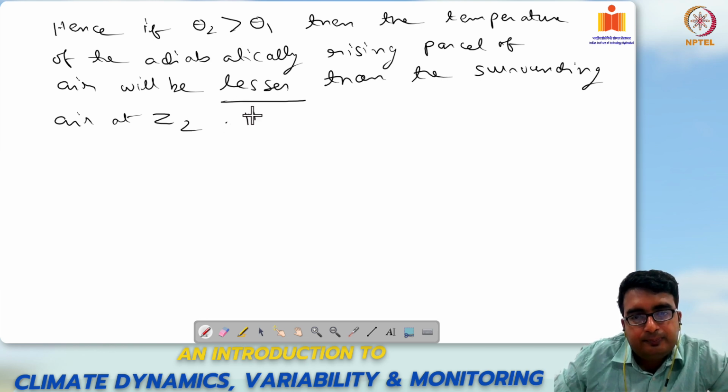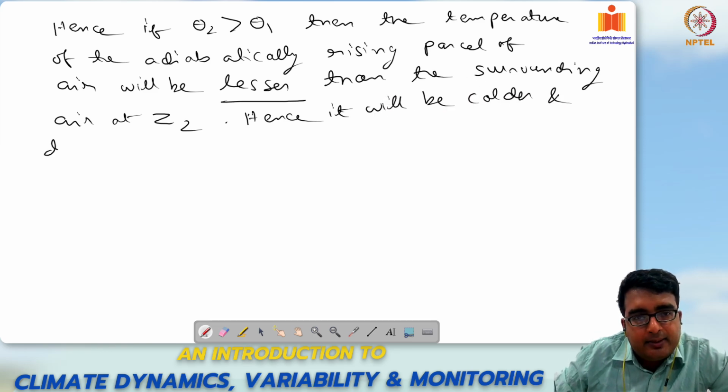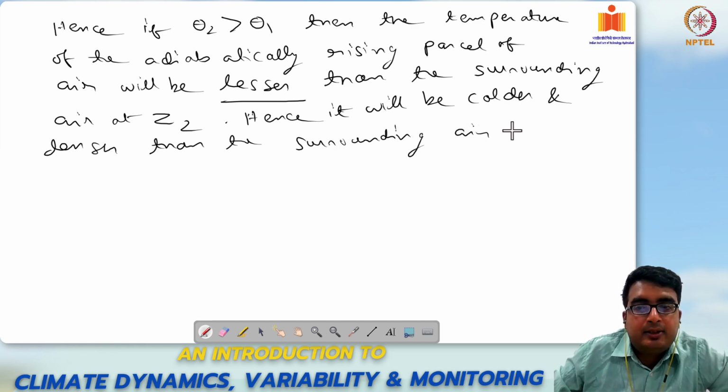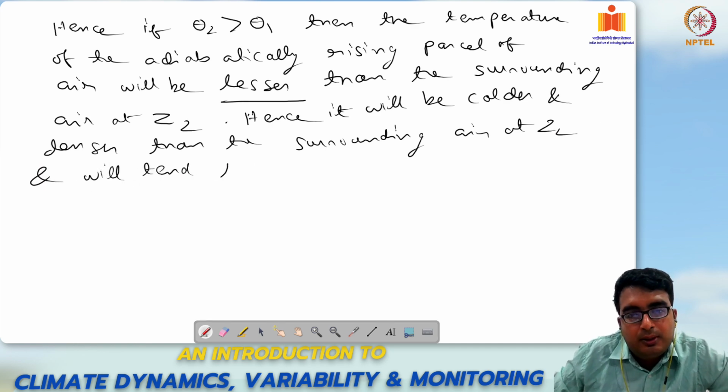Hence, it will be colder and denser than the surrounding air at Z2 and will tend to sink back down.